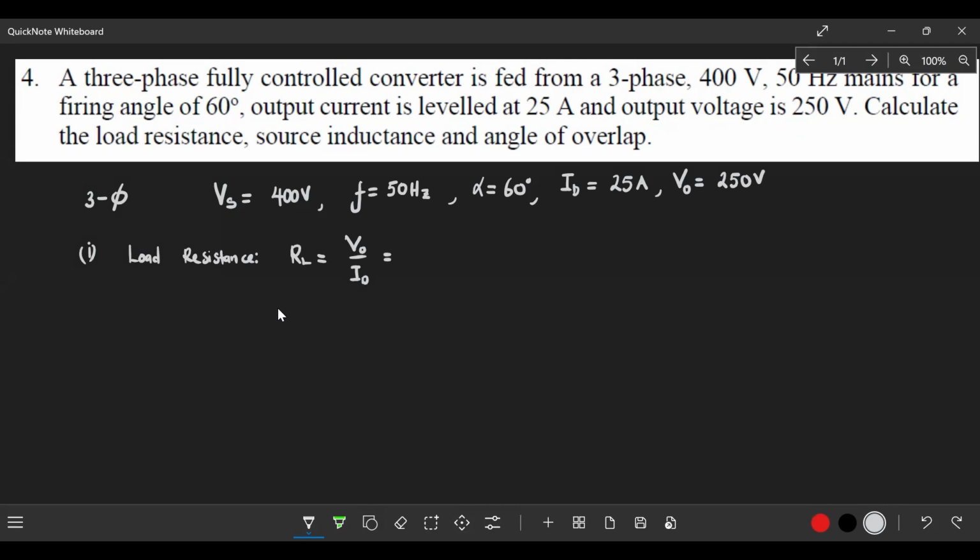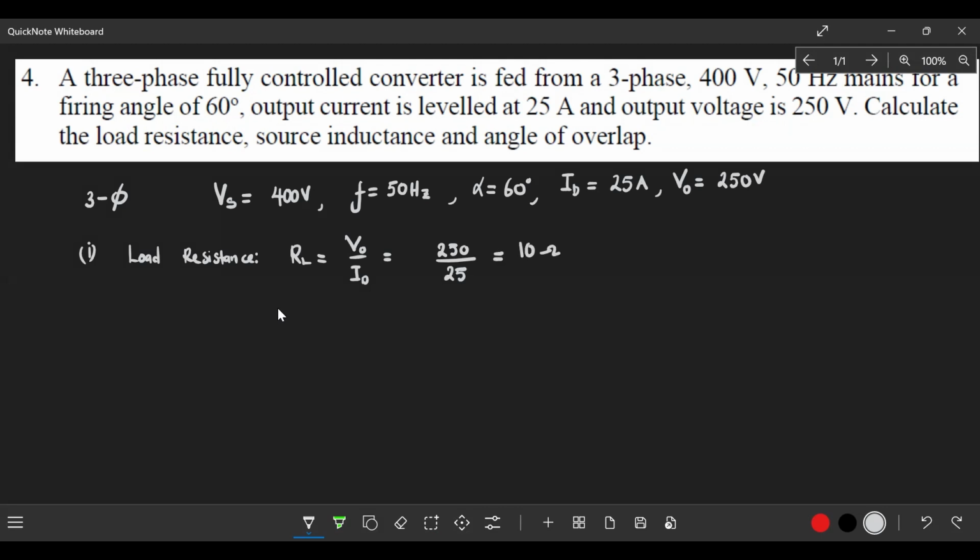The output voltage is simply 250, the current is simply 25 amps. So this is 10 ohms.